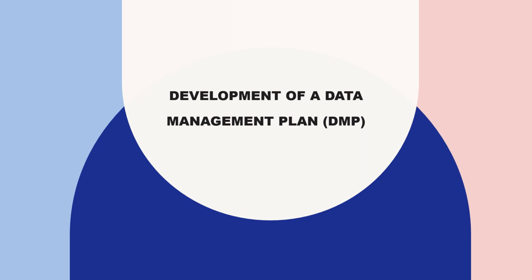There are a number of different tools and resources that can help researchers write a DMP, including DMPTool, the DataOne data management plan template, and the NIH data management and sharing plan template.